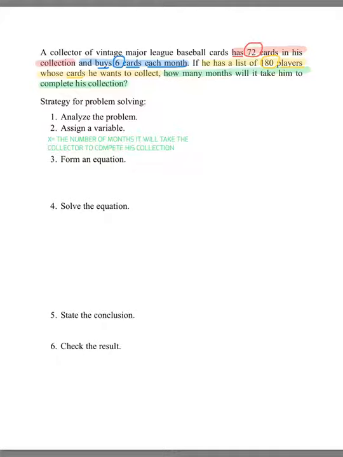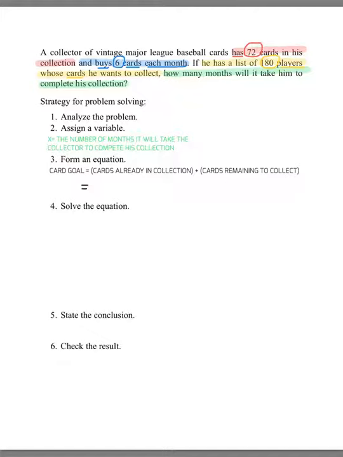Now, our equation is going to have the following structure. It's going to be card goal is equal to cards already in collection plus cards remaining to collect. So now let's go ahead and start filling in what we already know. I'll start off by bringing down the equal sign.